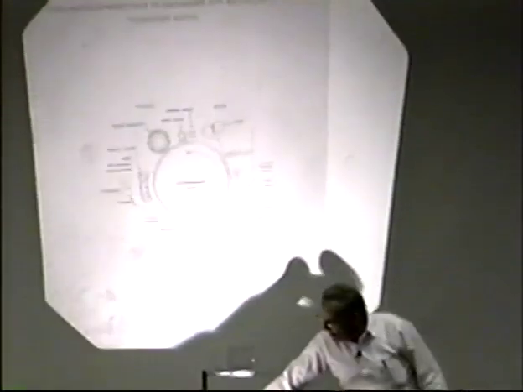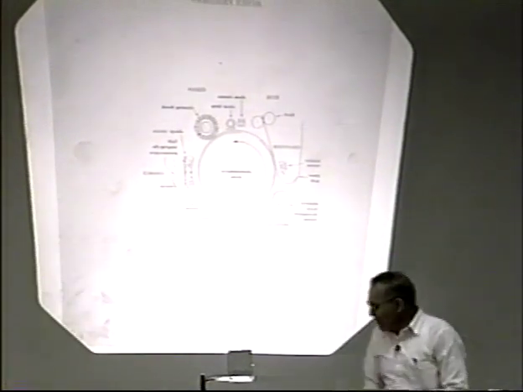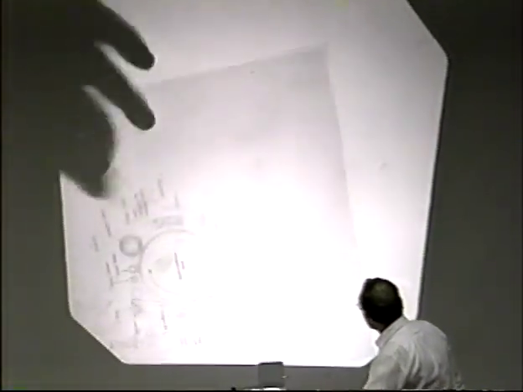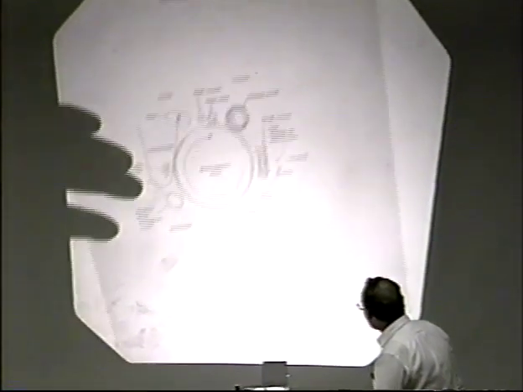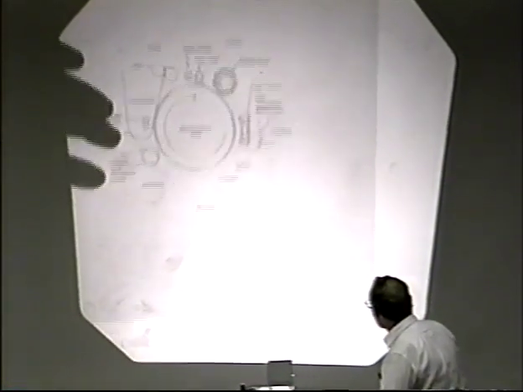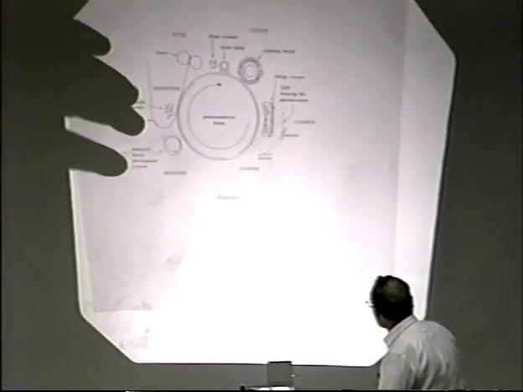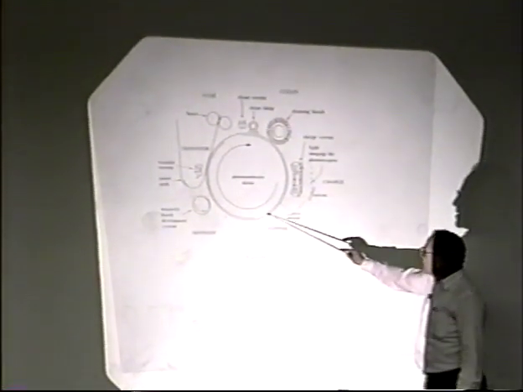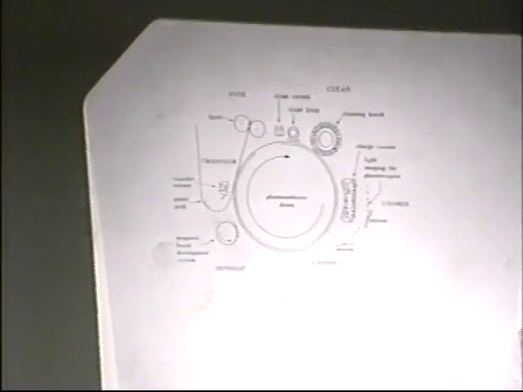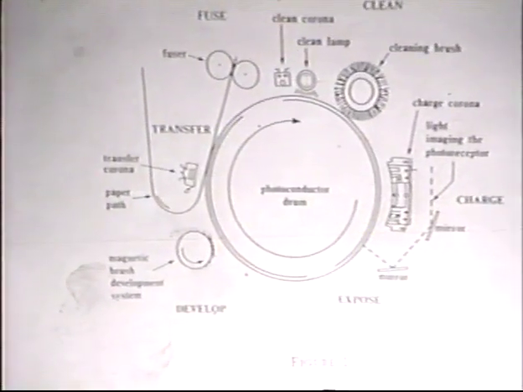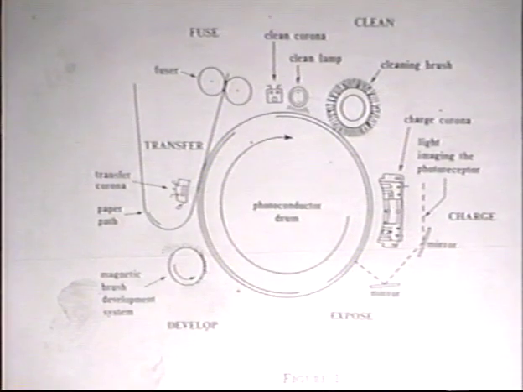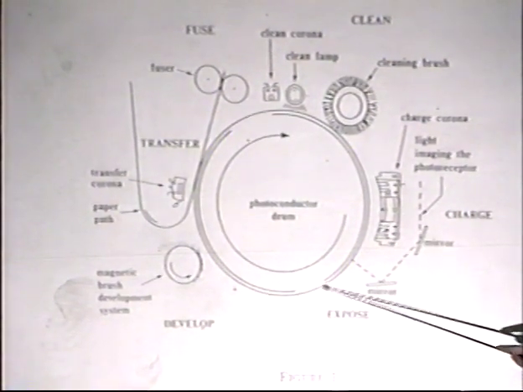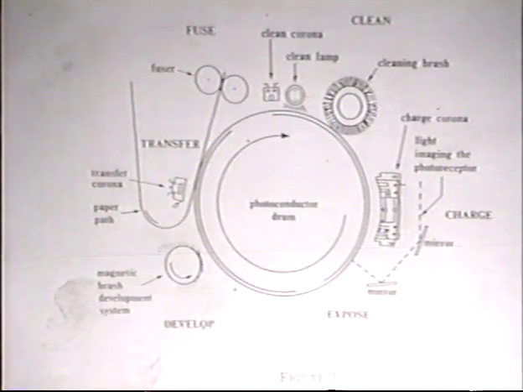Now we go back here, and we are at this point. So we exposed the document to the charge on the photoconductor, and we created here an electric image.